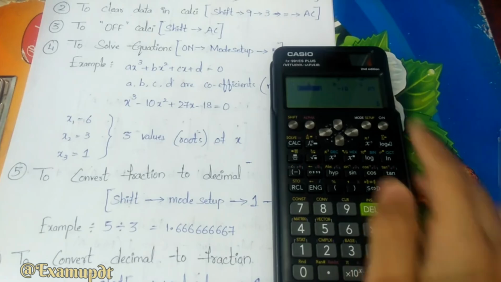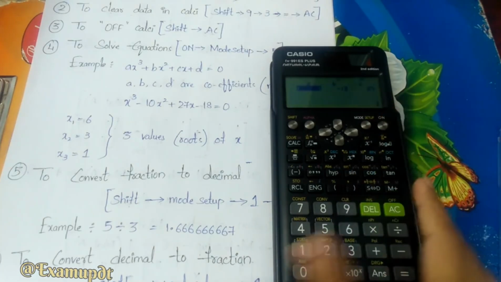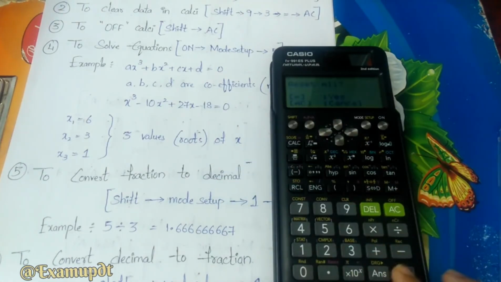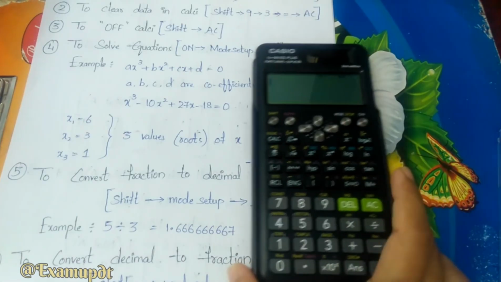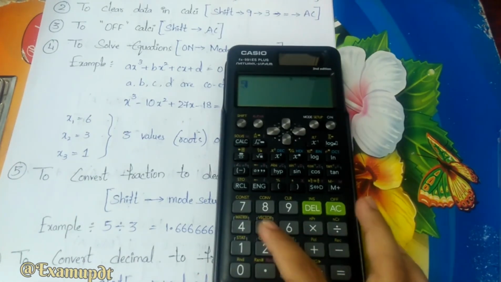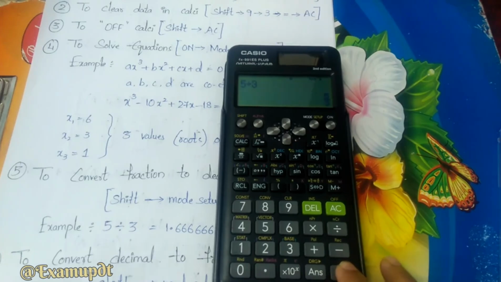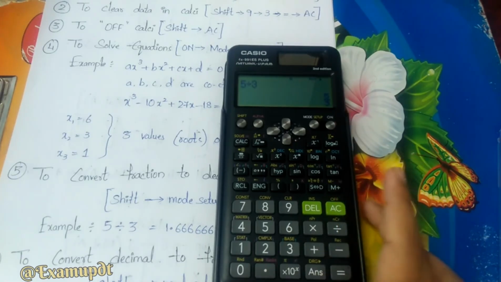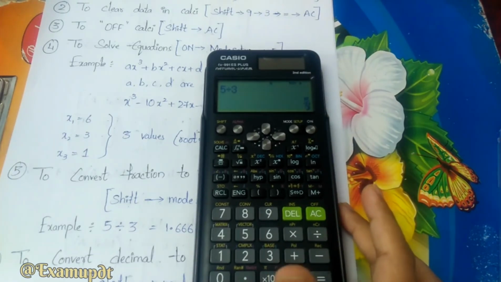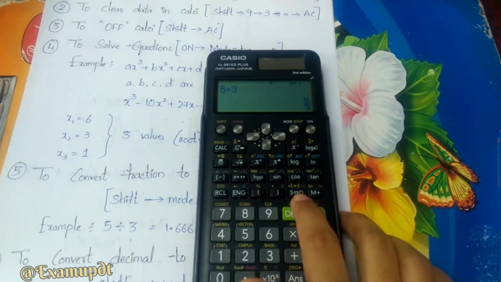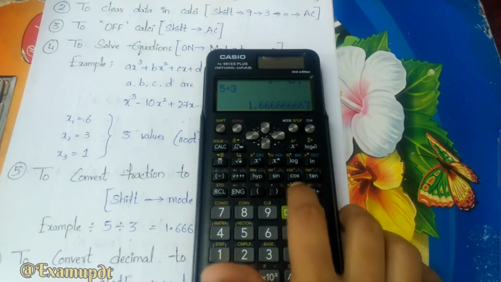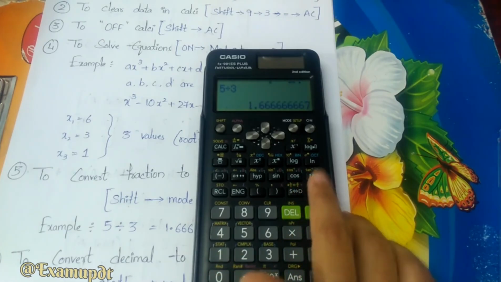Now for example, if you see here 5 divided by 3. When I do 5 divided by 3, it came as a fraction, that is 5 over 3. Now if I want to get the value in decimal point, I have to click on this symbol. Now when I click, it will be converted from fraction to decimal.